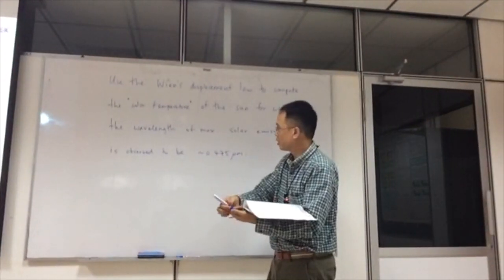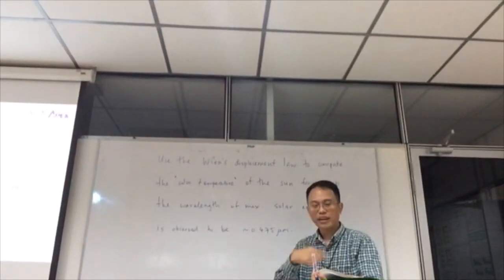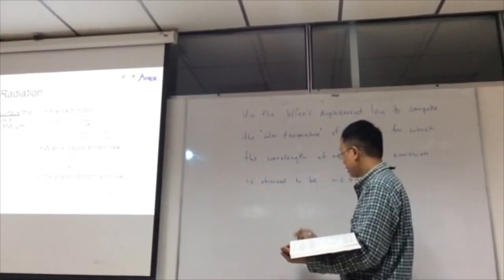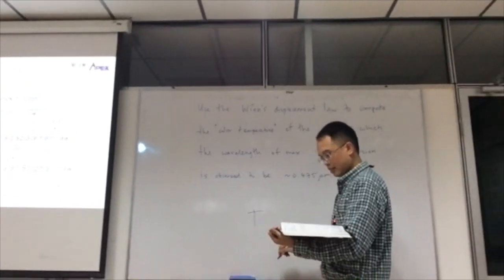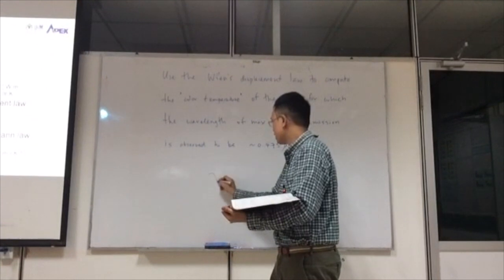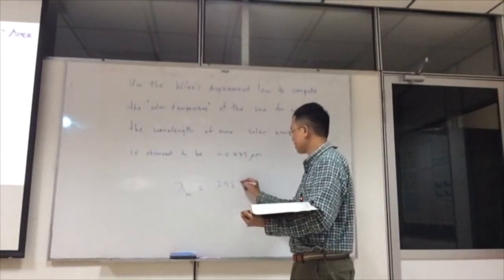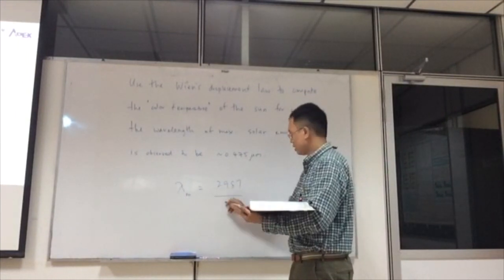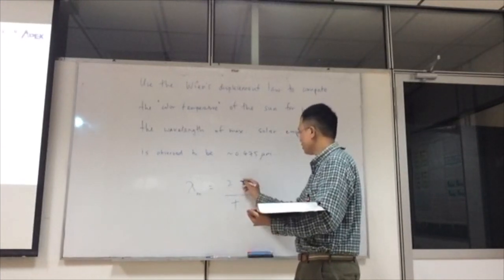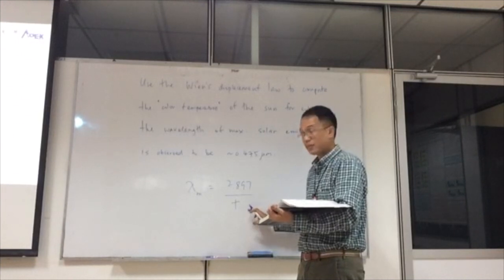So we just use that simple equation that comes from the derivative of the Planck function. Before that, what was the equation again? The original equation is the maximum wavelength equals a constant, 2897, divided by temperature in Kelvin.